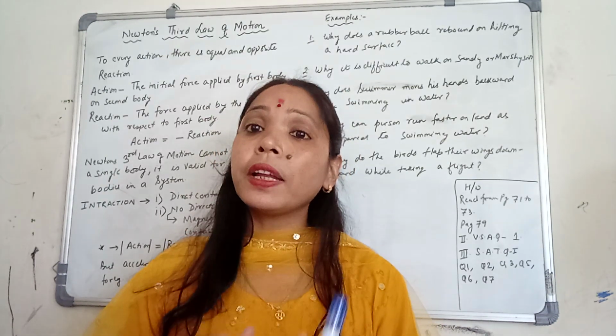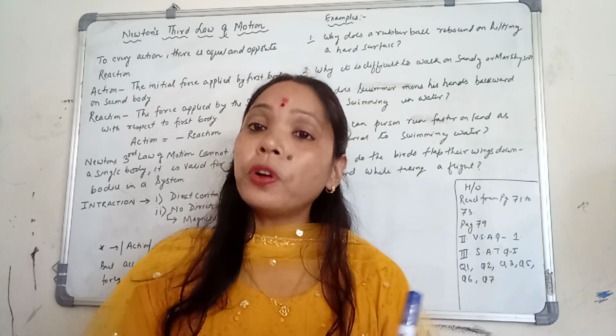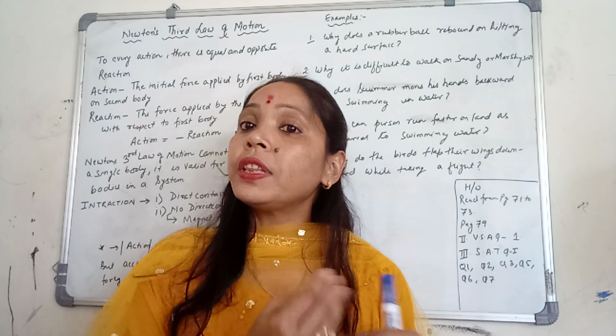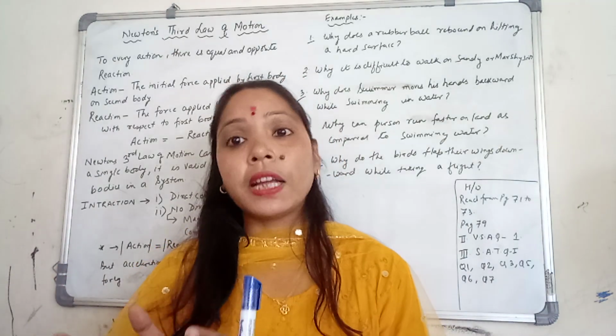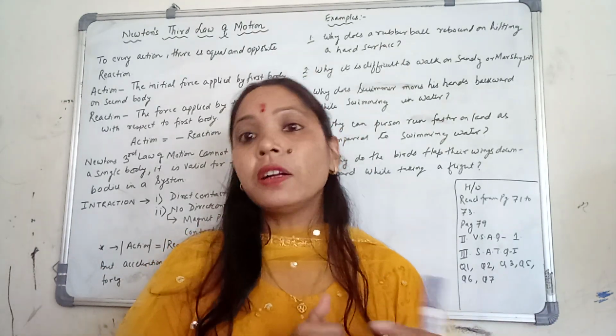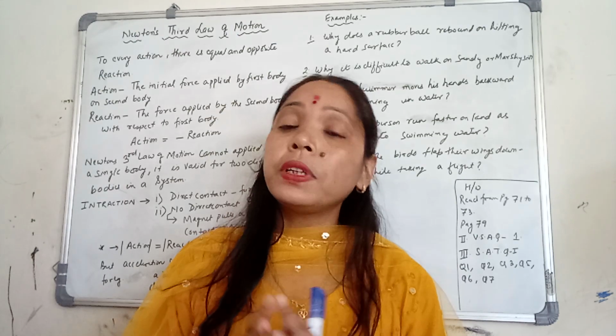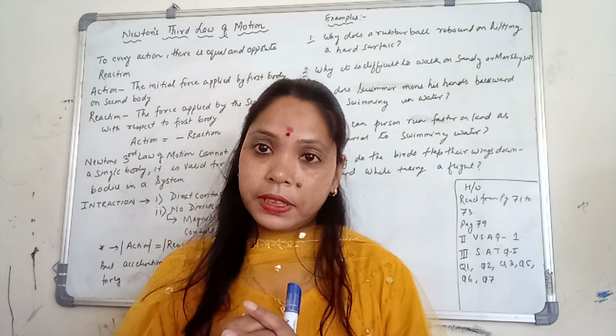So whenever you are giving an action, meaning a force on one body, then with respect to that body, the same reaction is going to be exerted on the other body. So for Newton's third law of motion, we always require two bodies.